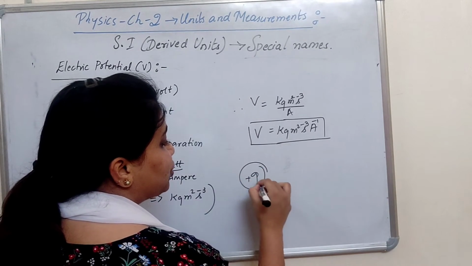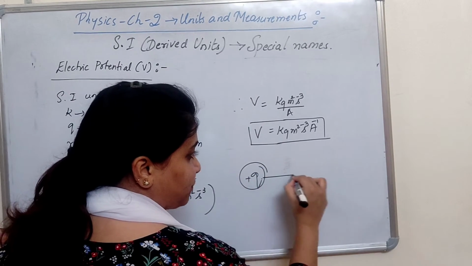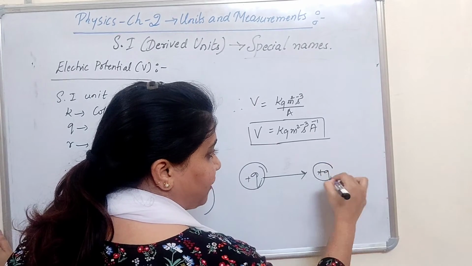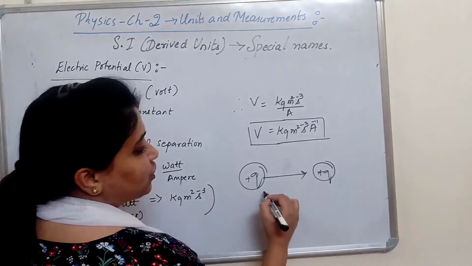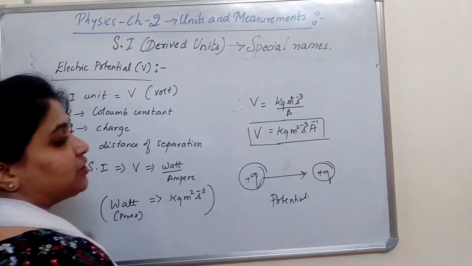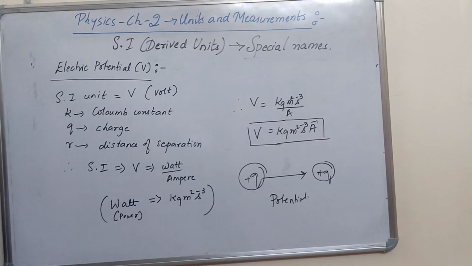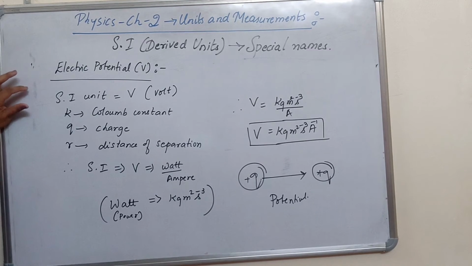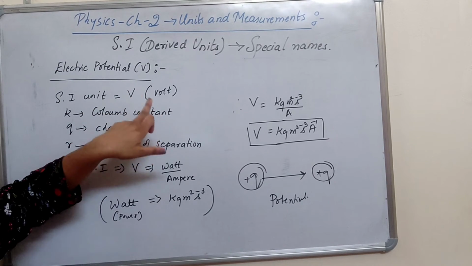Suppose I'm moving this charge from reference point to one point in the electric field, right? So this is called as electric potential, or potential difference, or electromotive force is induced here, right? And the SI unit for electric potential is given by volt, that is V.